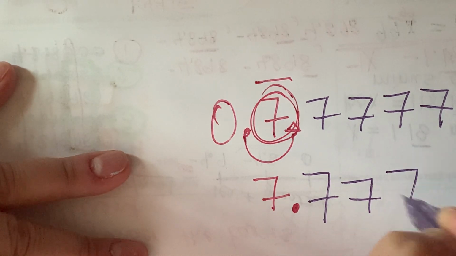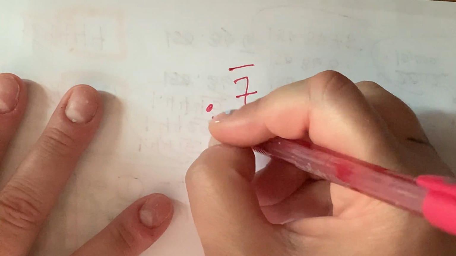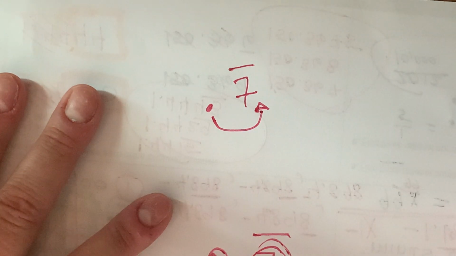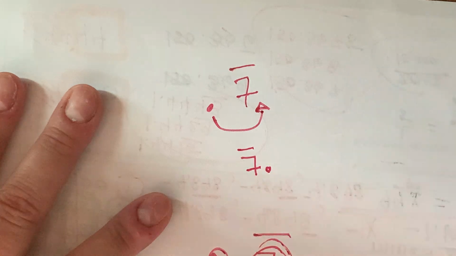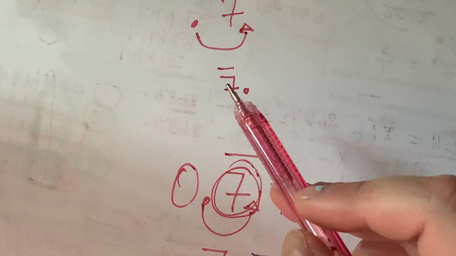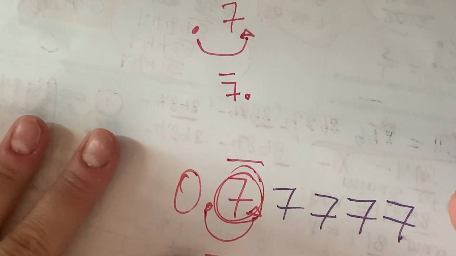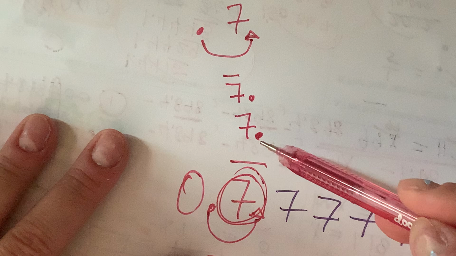So this 0.7 with a repeat, if I multiply it by 10, it moves the decimal once to the right. So we get like 7 repeat with a decimal, but that's weird. We don't usually put a repeat on the left side of the decimal. So instead, we put 7 point, and then what's going to come after this?